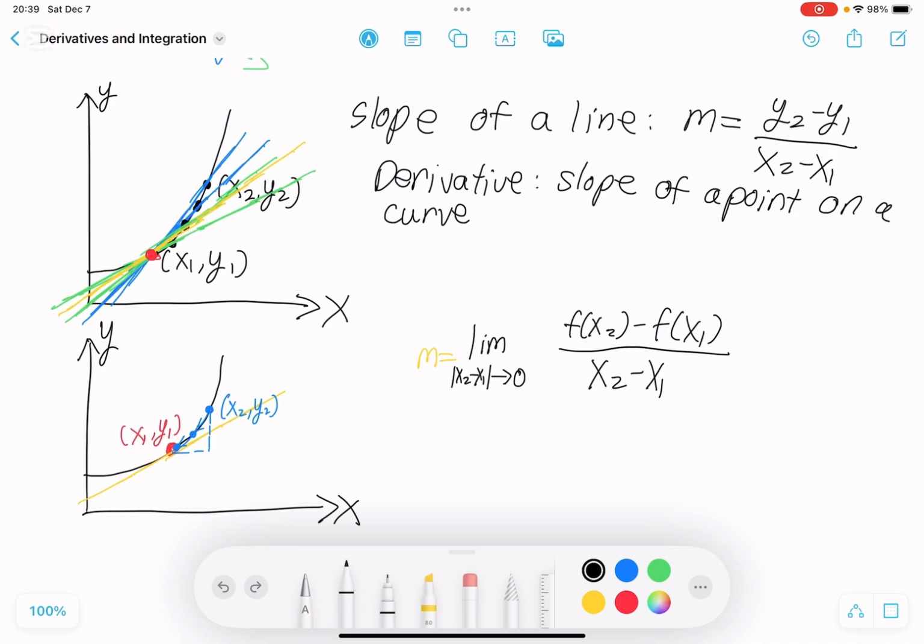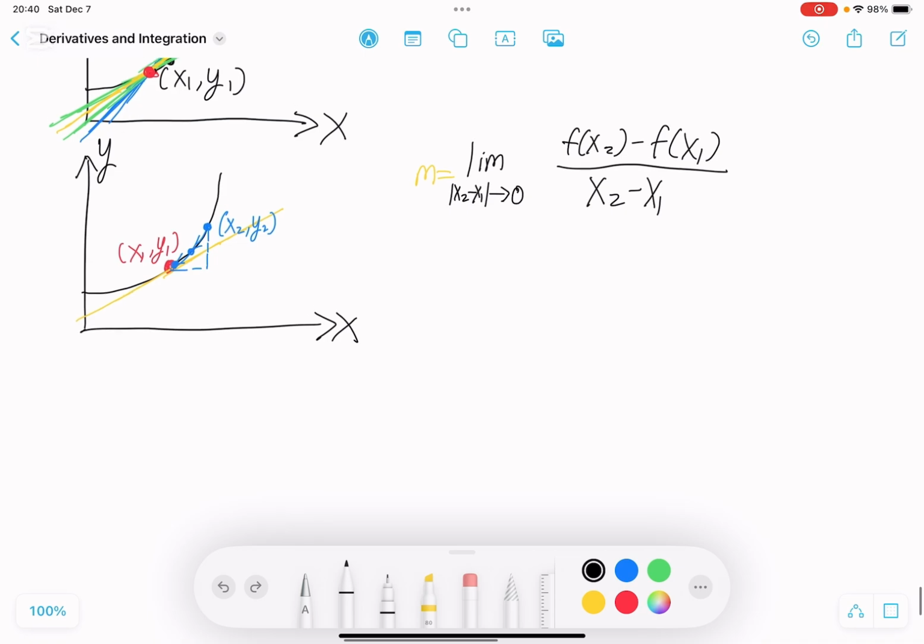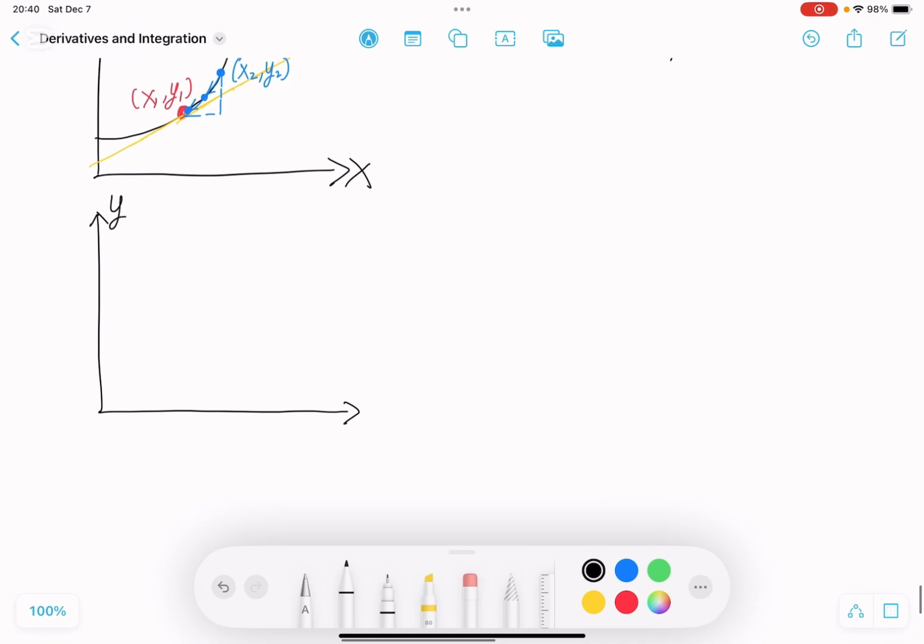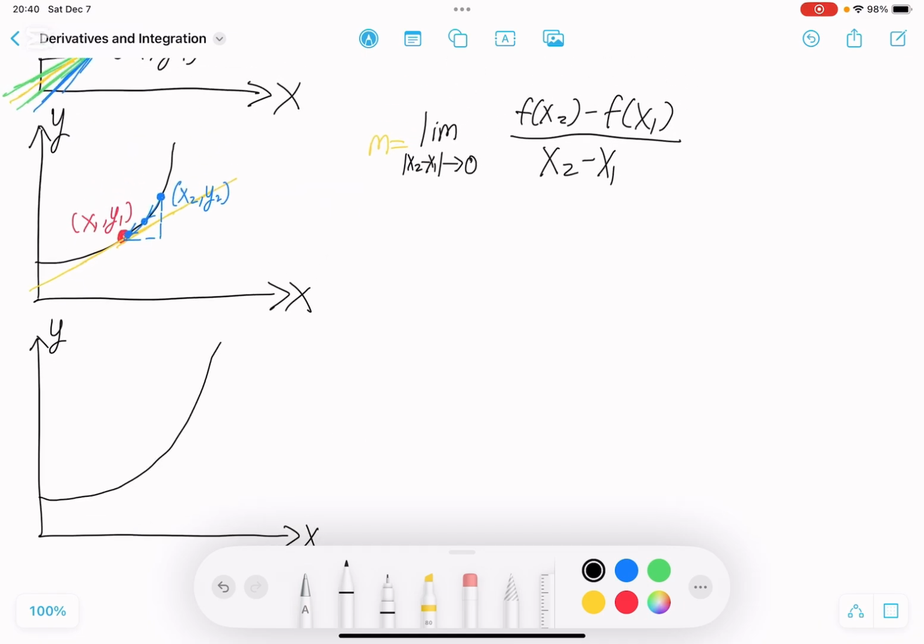So in other words, if I redraw the curve again, and I say this red point has coordinates of x and y, and this blue point has some other coordinates, and the difference in their x coordinates is h, then I can rewrite this whole thing as m equals the limit as h approaches 0.